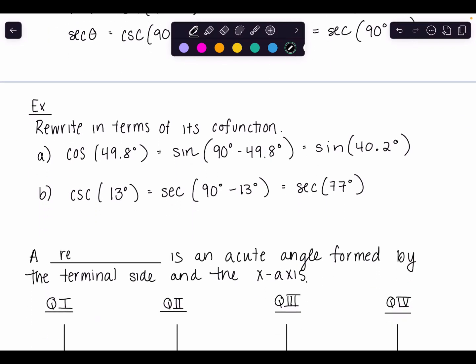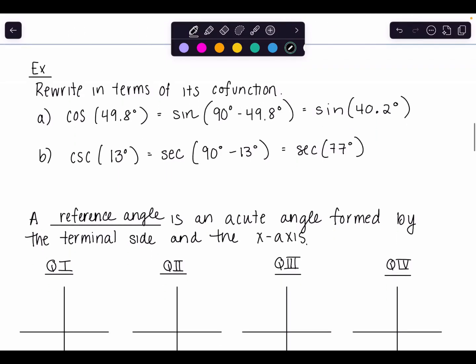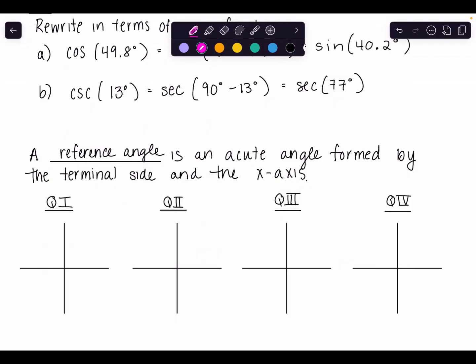So a reference angle is an acute angle formed by the terminal side and the x-axis. So in quadrant 1, if that's where your terminal side lies, so maybe it lies right here, your reference angle is an acute angle, so it's formed with the x-axis. This would be our reference angle.